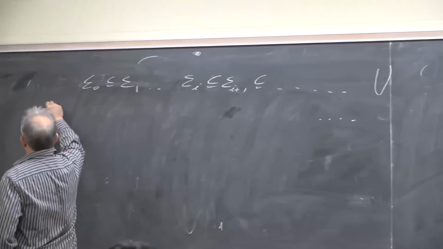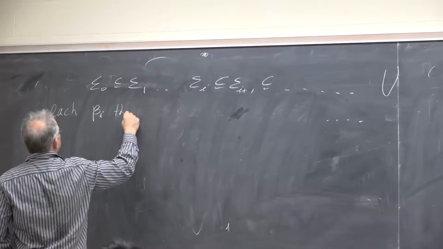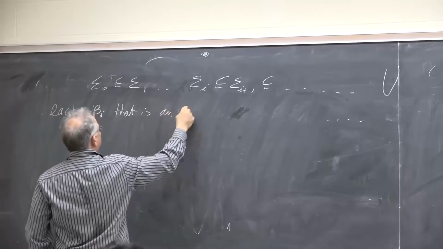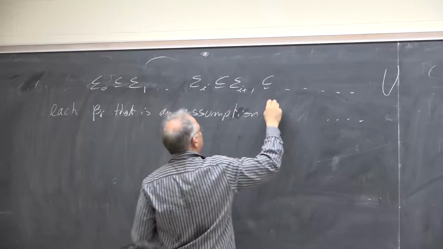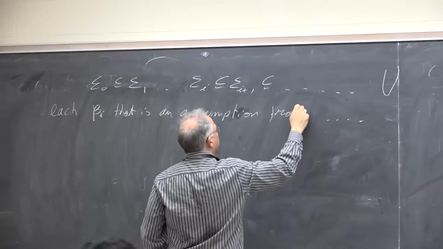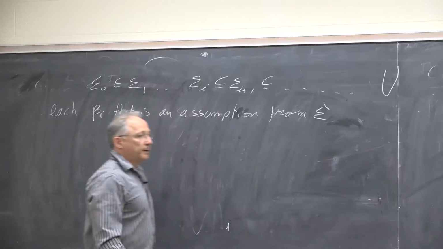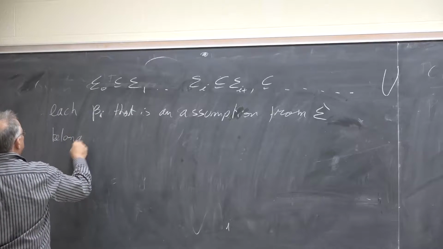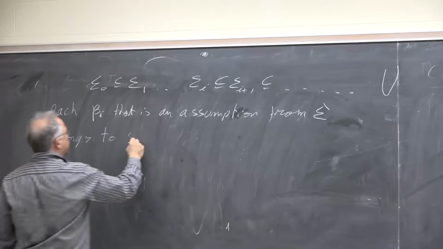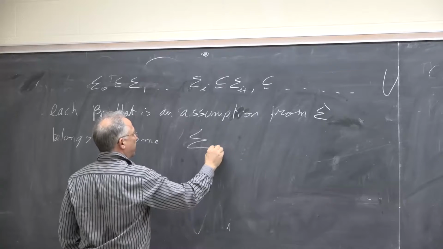So each beta i that is an assumption from sigma prime in that proof belongs to some sigma, call it m i.